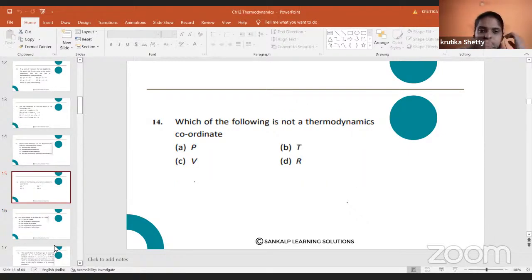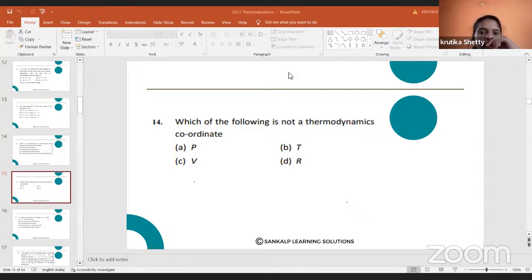Then the next question is, which of the following is not a thermodynamic coordinate? Option A is pressure, option B is temperature, option C is volume, option D is R, that is the universal gas constant.